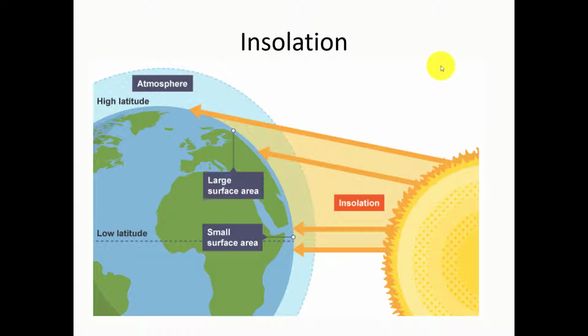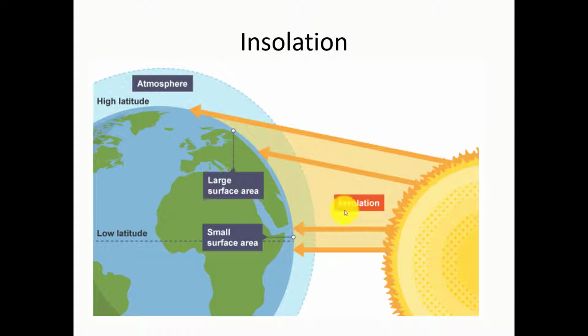And this diagram is showing you how this insolation varies according to your latitude on the Earth. At a low latitude, these two yellow arrows are representing a small surface area compared to a higher latitude where the yellow areas are representing a larger surface area.